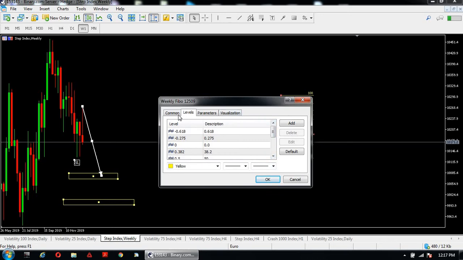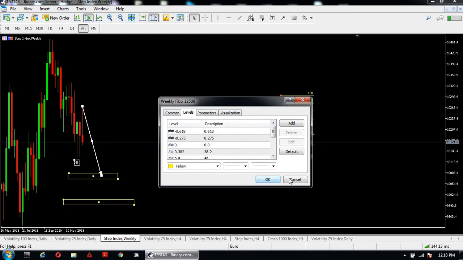All you need to do is just change the levels. And these are levels I make use of: the 0.618, 0.275, 0.0, 38.2, 50, 61.8, 78.6, and lastly the 100. So you can copy these settings and take a screenshot of it, then you change yours to this.